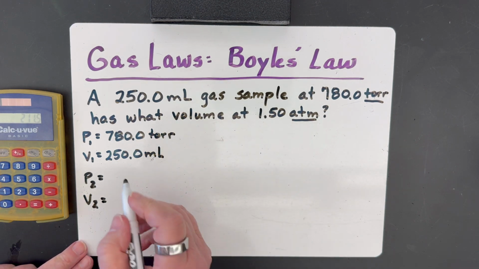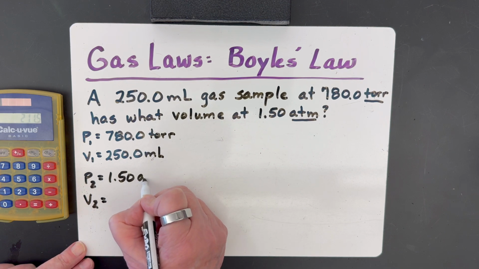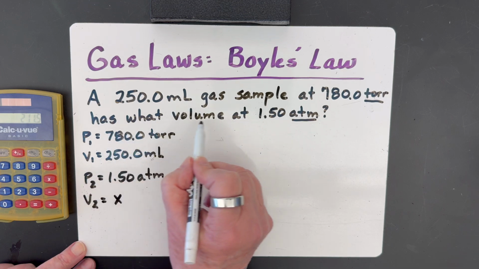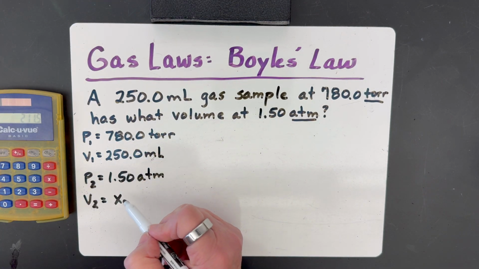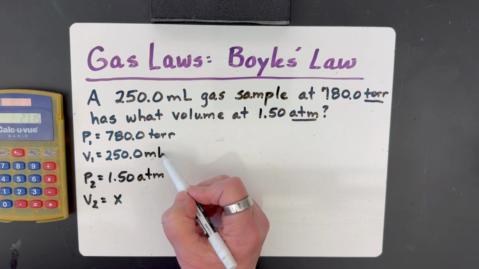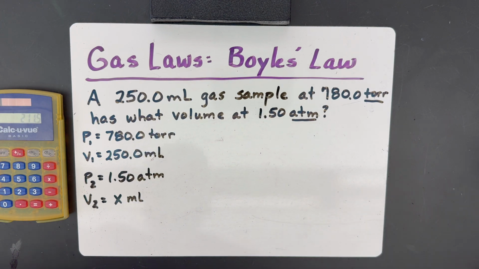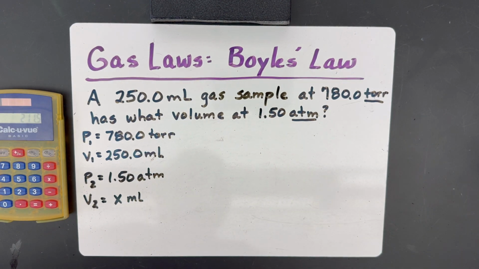Pressure 2 is 1.5 atm, atmospheres, and we're asked for the volume. We'll have what volume? Now our volume is going to be in milliliters because this given volume was in milliliters, so our final volume is going to come out in milliliters. But we've got to fix this torr atm problem.